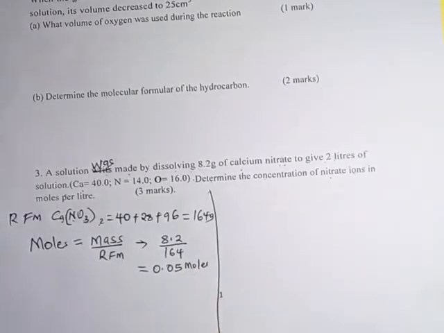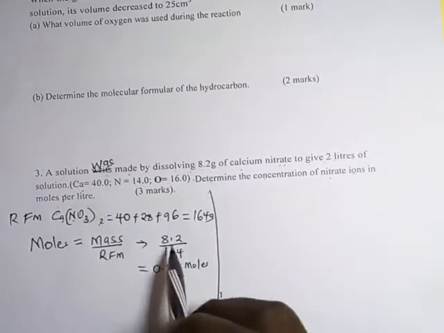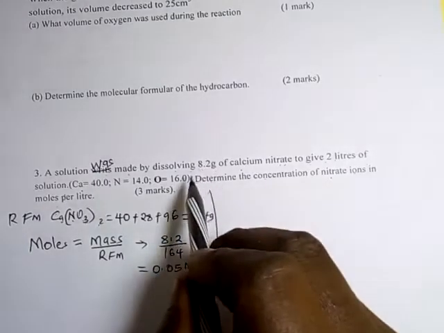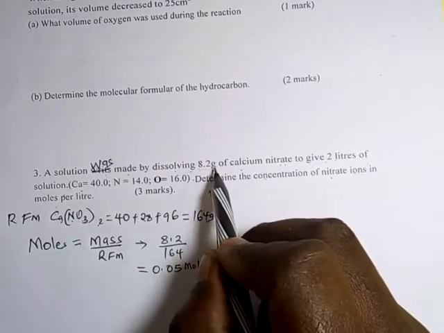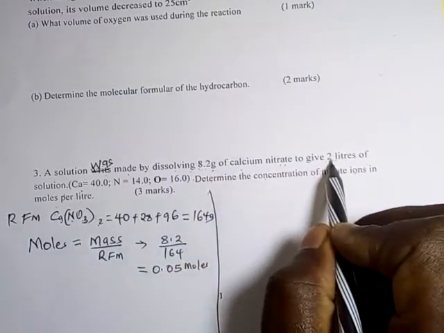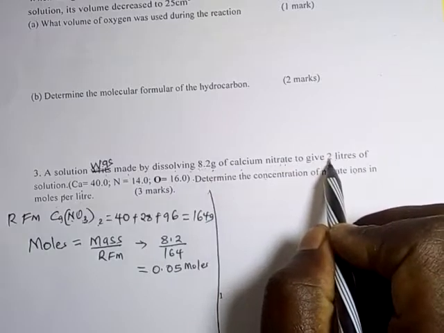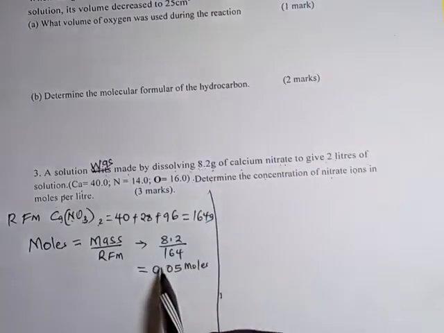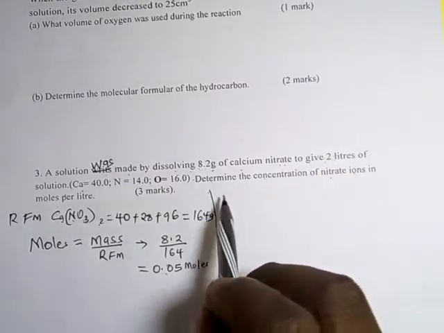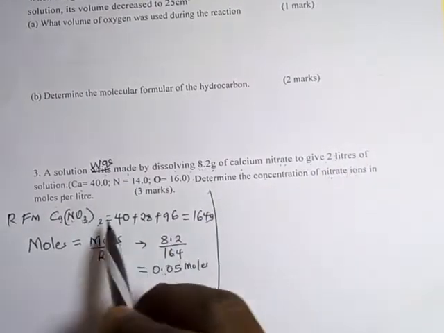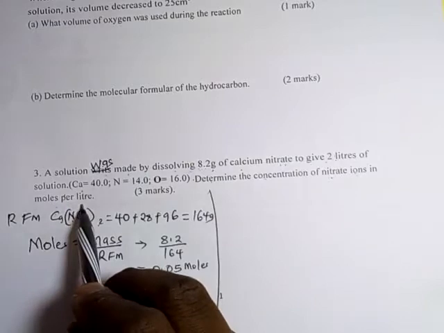Now we have the number of moles of the salt that was prepared. But remember, 8.2 grams prepared a solution of 2 liters, which is 2,000 centimeters cube. So this number of moles is in 2 liters. But we want the concentration in moles per liter, right?